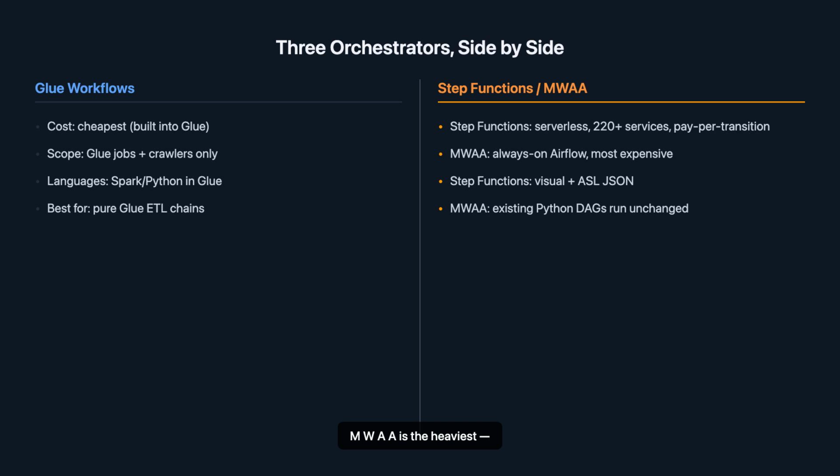MWAA is the heaviest, an always-on Airflow environment, the most expensive choice, but the only one where your existing Python DAGs run completely unchanged. Pick the cheapest tool that fits your actual requirements.